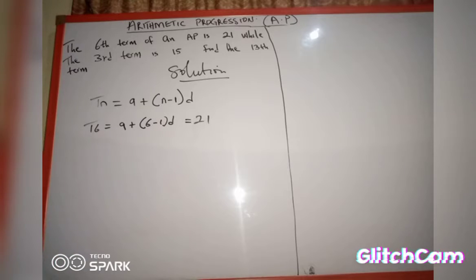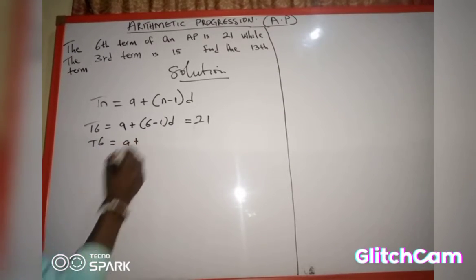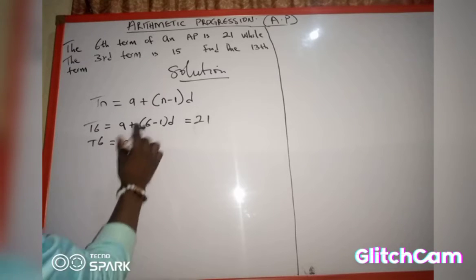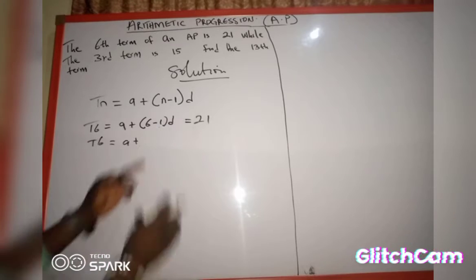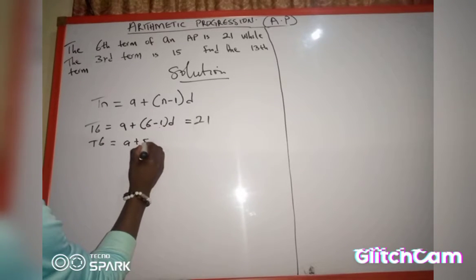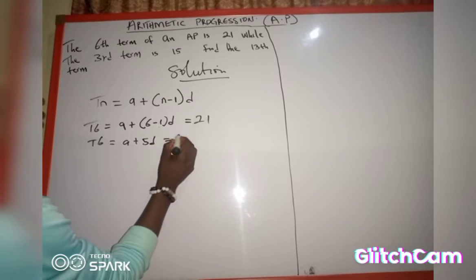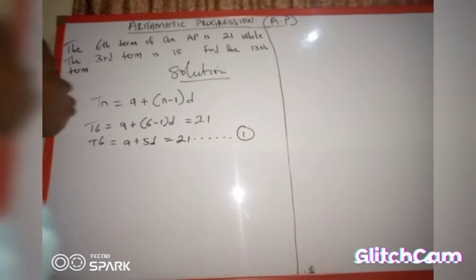To simplify this, T6 equal to A plus, opening this bracket, since 6 minus 1 is 5, then 5 multiplied by d, because this bracket means multiplication. I'll have A plus 5d, which is equal to 21. I can name it equation 1.